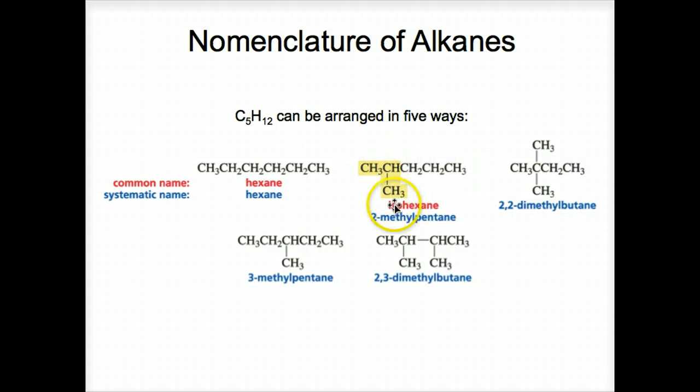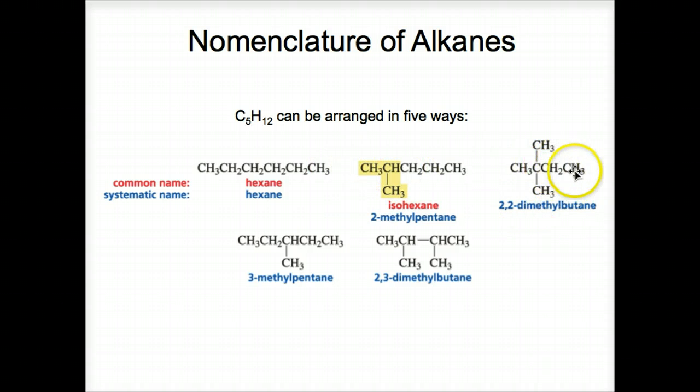There's 6 carbons, so it's called hexane. And this one has a methyl group off of the longest chain of 5 carbons, so we call it pentane, 2-methylpentane, and the common name is isohexane. And it just turns out hexane is the common name and the systematic name for the straight chain hydrocarbon.